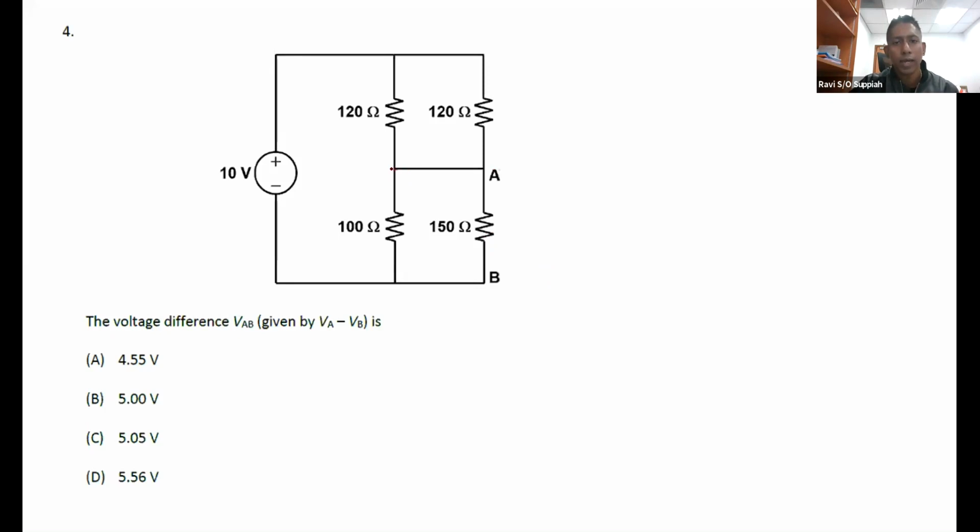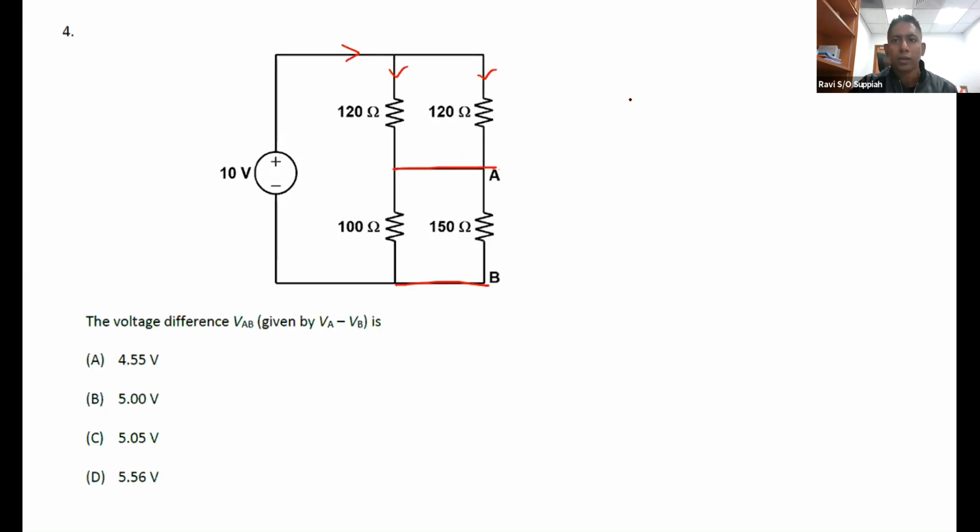So this A is this point here, or this line, and B is this line over here, correct? When the current comes out, it will split into this and this. So the 120s are parallel, and this line combines them together and then splits them up again.